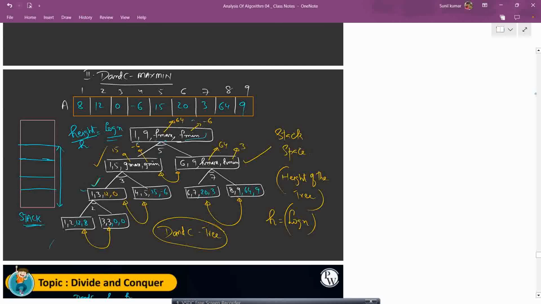Then for half, 1 to 5 and 6 to 9, we call this. We find max and min from both. We again divide this into 1 to 3 and 4 to 5. Again divide this into 1 to 2 and 3 to 3, because the minimum size is 2.